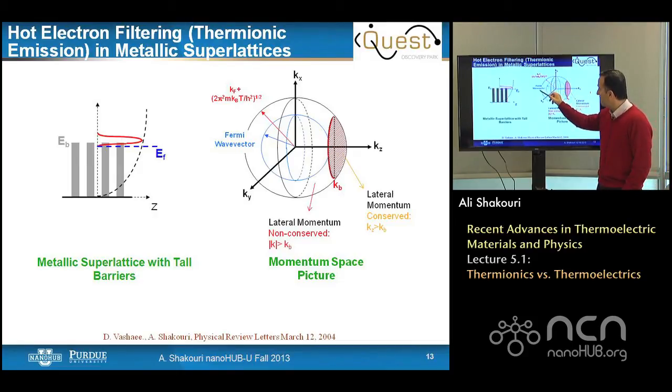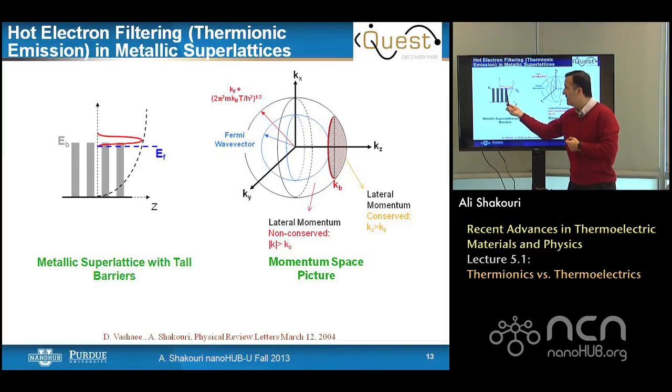This is the Fermi wave vector, the blue sphere. Electrons that have energy more than the Fermi energy are shown by this area of the sphere, and the ones below are below this, and that's what happens in the momentum space.